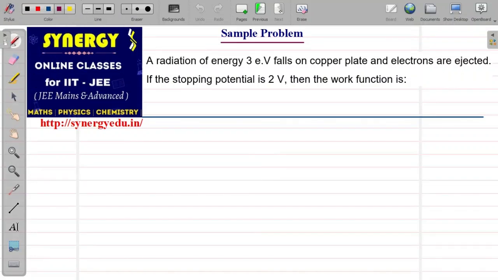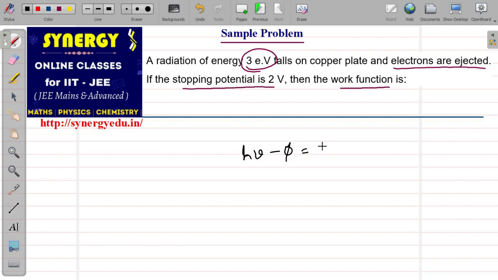So this is a sample problem. A radiation of energy 3 electron volts falls on a copper plate and electrons are ejected. Now the stopping potential is given and they are asking for the work function. Just now we have seen the relationship between work function and stopping potential. The energy of the photon, h nu, minus the work function is the kinetic energy, and this must be equal to e into the stopping potential.